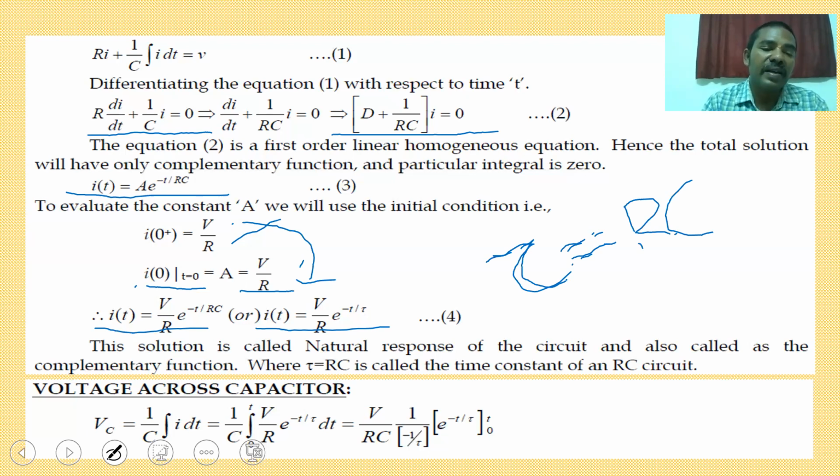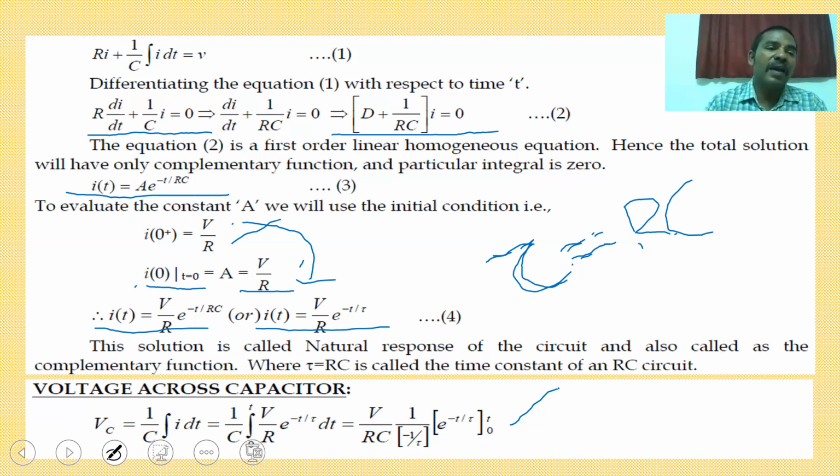Once you have calculated the current flowing through the circuit, then the voltage drop across the capacitor: what is the equation? (1/C)∫i dt. Substitute the i value, V/R e^(−t/τ). So (1/C)∫ from 0 to t of (V/R) e^(−t/τ) dt. Then go for the integration: V/RC times [−τ e^(−t/τ)] with the limits 0 to t.